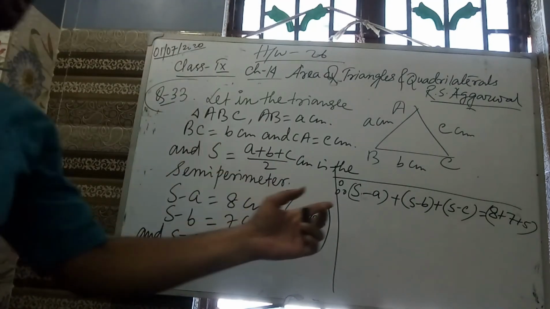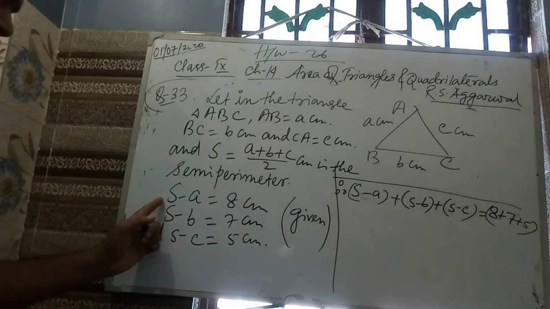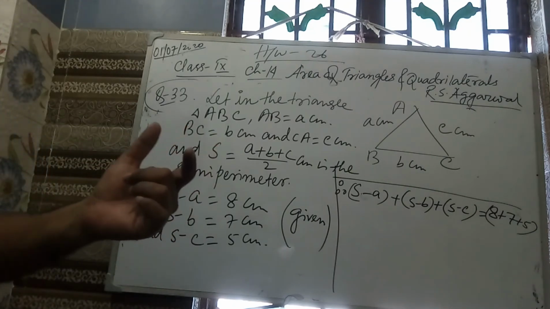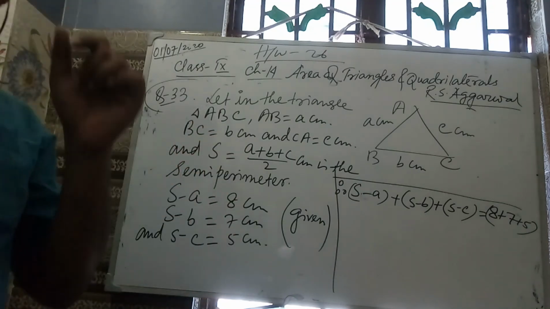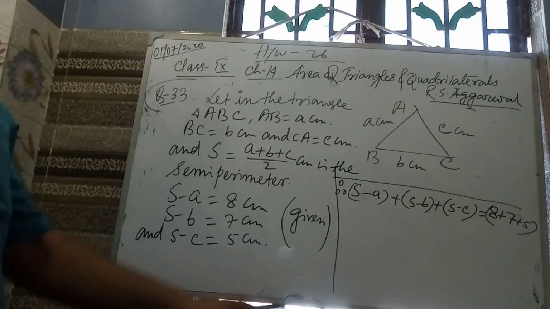Why are we doing this? Because we have to find out the semi-perimeter. We already know s minus a, s minus b, s minus c. Now if we know the value of s, we can easily use Heron's formula, root over s into s minus a into s minus b into s minus c. So that's why we are doing this.